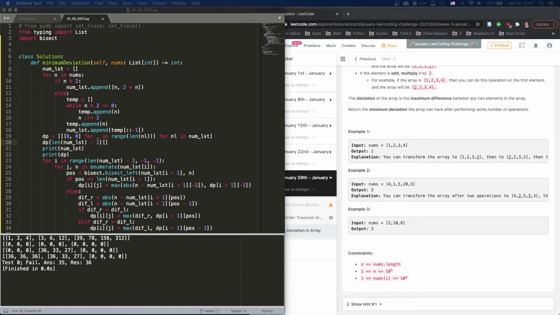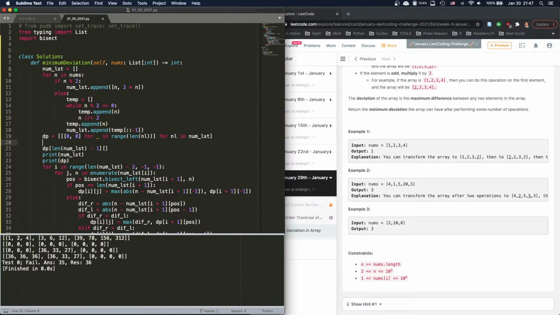Alright, I am back. Let's keep hacking this thing. We decided just to loop through everything. So we say this is the last one, and then we need to initialize the last one.